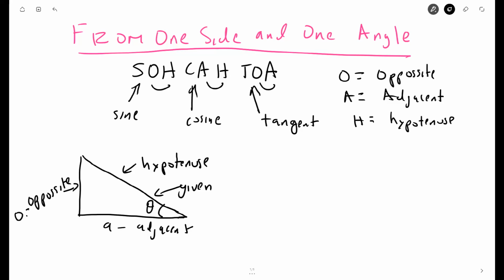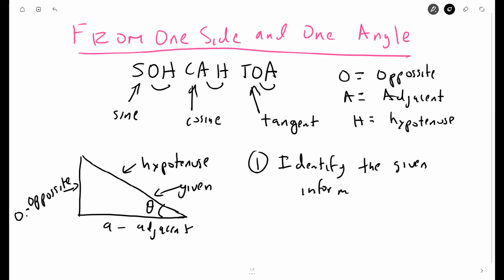So the first step when you're given one angle and one side is to do the following steps. The first step would be to identify the given information. Second would be to choose the appropriate ratio, in other words, one of these ones.